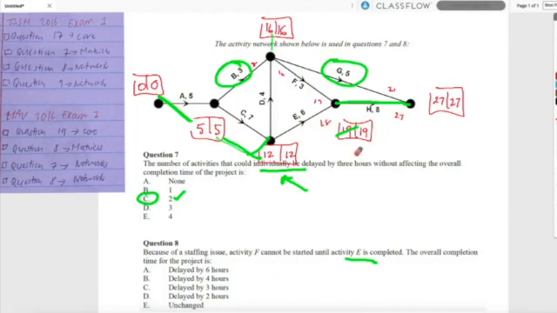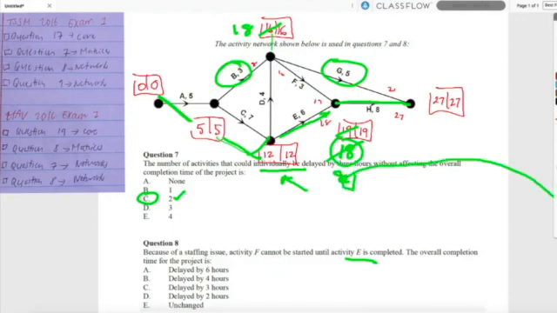It means that now 18 through this way becomes the new earliest finish time for E, which means you can't start F until 18 has passed. Which means 18 and 3 is 21, which changes that to 21.